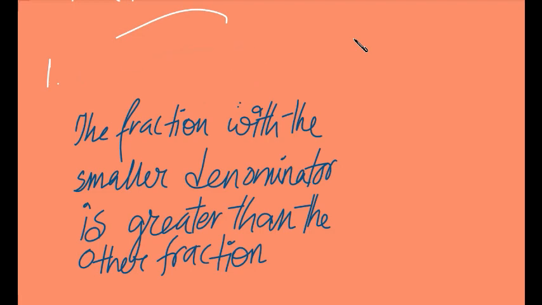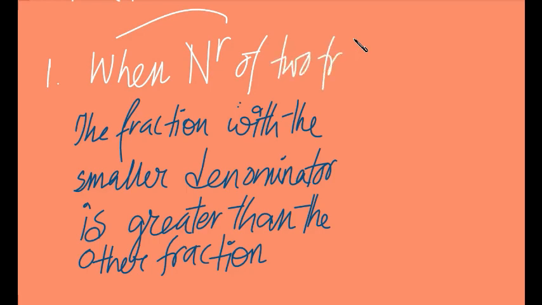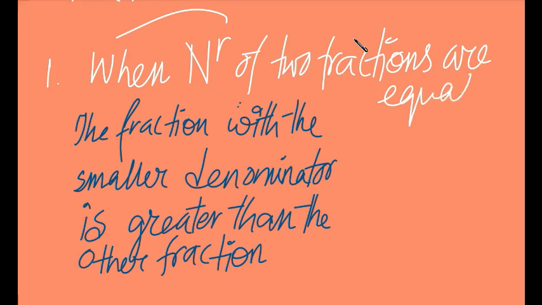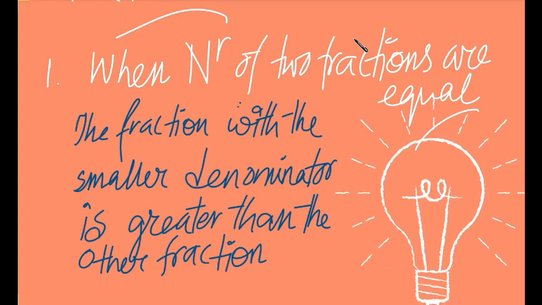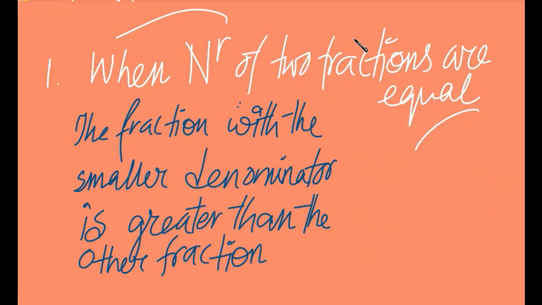So we shall write: when the numerator, I am writing n, of two fractions are equal, then the fraction with the smaller denominator is greater than the other fraction. That's it.